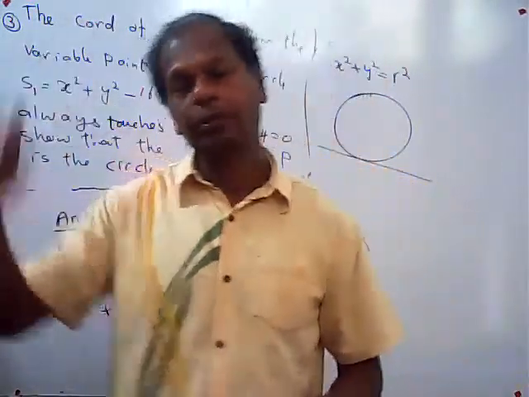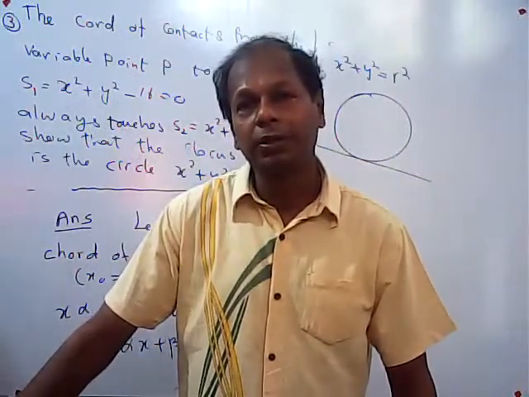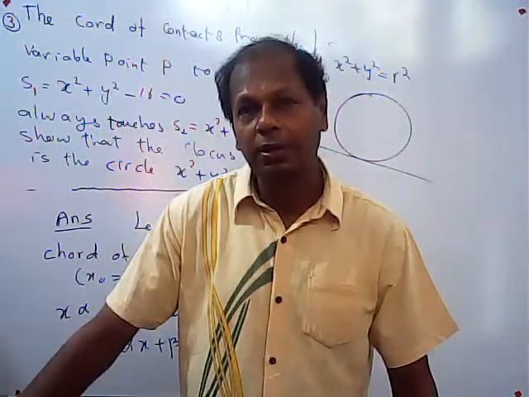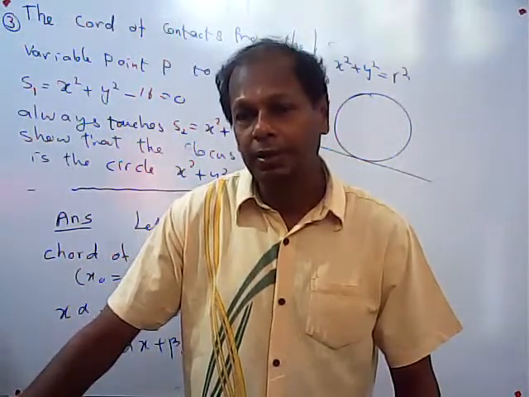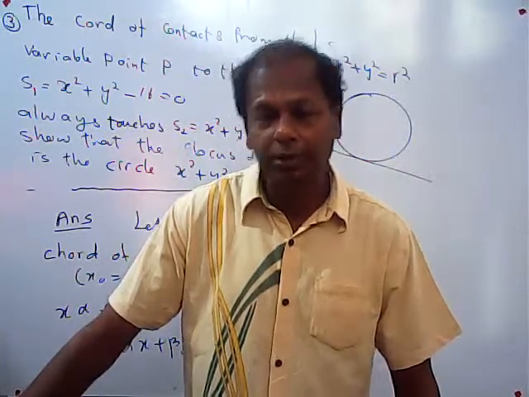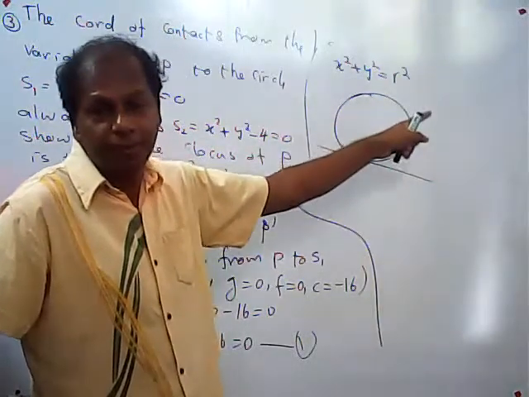You remember what we discussed the very first day, the requirement for a circle to be in contact with a straight line. The circle is in the form x square plus y square equals r square.